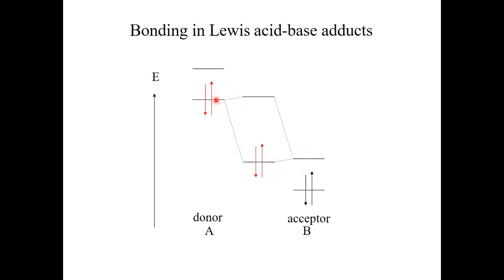But because the energy difference between donor and acceptor is now so large, these two electrons would be located practically exclusively at the acceptor B. For that reason, it would not be adequate anymore to consider this reaction as a Lewis acid-base reaction. Rather, we would say we now have a redox reaction in which the donor A is getting oxidized and the acceptor B is reduced, and we would form an ionic crystal.